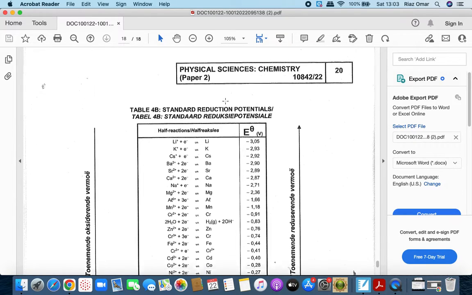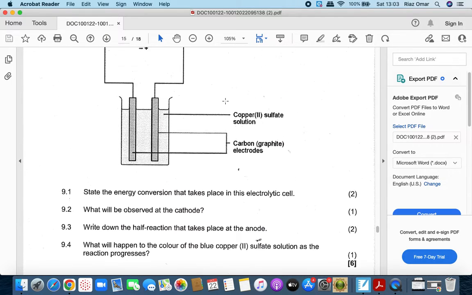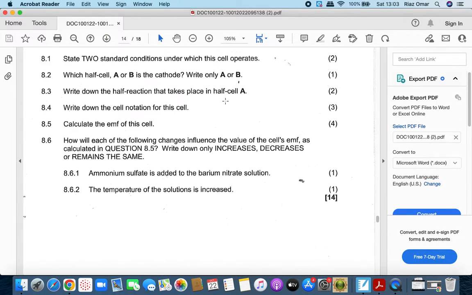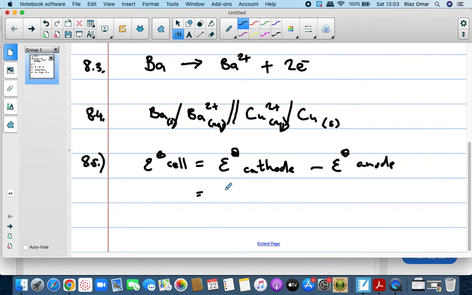So 0.34 minus, let's just check that again, minus 2.90.